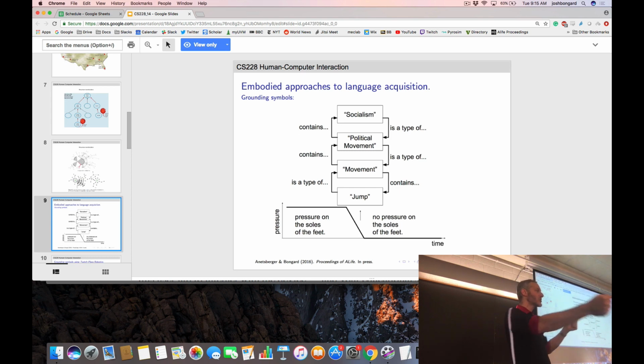The robot knows when its feet are on or off the ground. The robot runs around and does its thing, and every once in a while, whenever all the pressure pads in its feet go to 0, suddenly the robot hears out there in the world, JUMP. The robot doesn't speak English, doesn't know what JUMP means. It just knows that when it's doing its thing, when this happens, this happens.